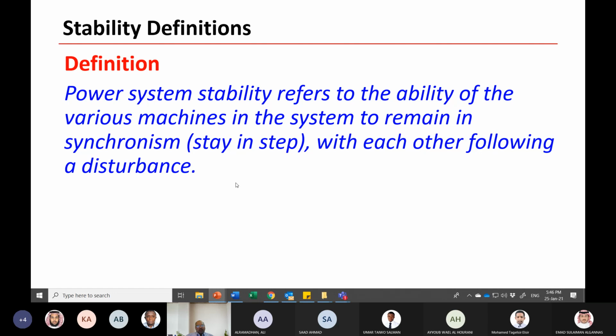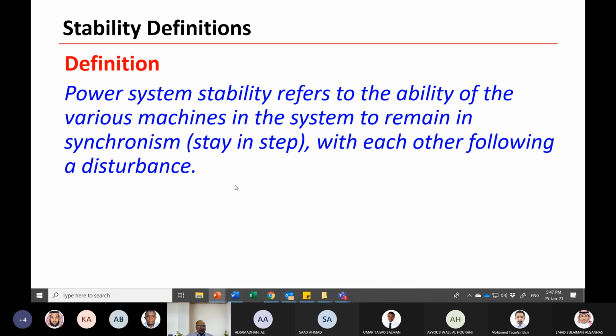You have a stable frequency, stable speed of each machine. So the machines stay in synchronism, and if you have a disturbance, the machine will reach an equilibrium point, a steady state value, and stay there. Even if the frequency is less than 60 hertz, it doesn't matter, since an action can be taken later, but the machines are running together in synchronism, with the same frequency and same speed for all the machines.